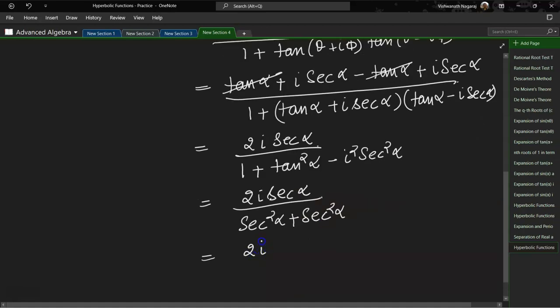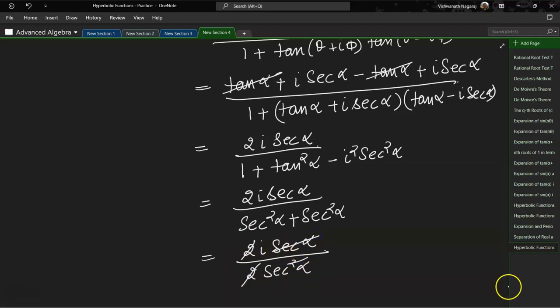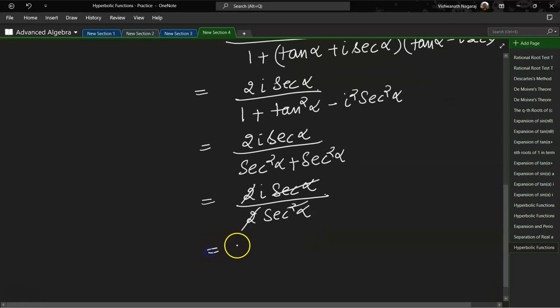So we end up with 2i sec alpha by 2 sec square alpha. 2 cancels, one of the sec gets cancelled, and we are left with i times 1 by sec alpha.